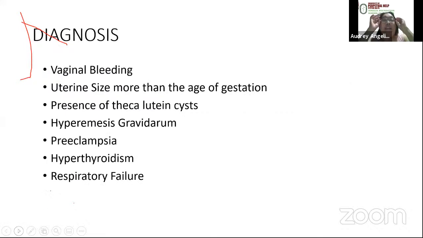You have a high index of suspicion when you have vaginal bleeding, uterine size more than the age of gestation, presence of theca lutein cysts, hyperemesis gravidarum, preeclampsia, hyperthyroidism, and respiratory failure.